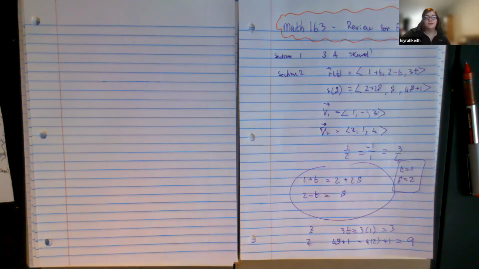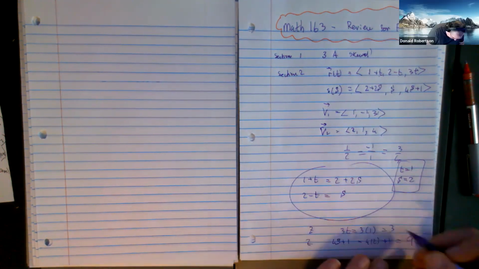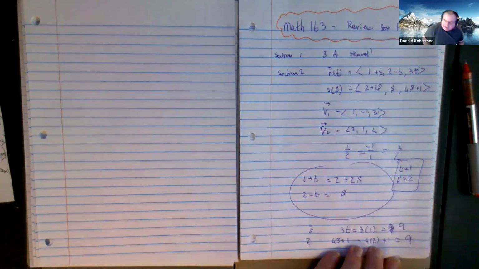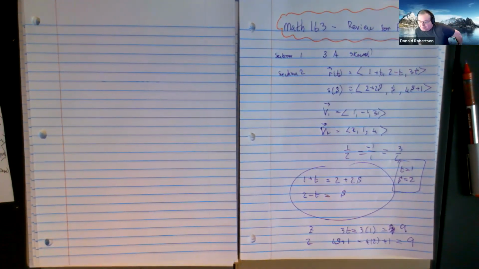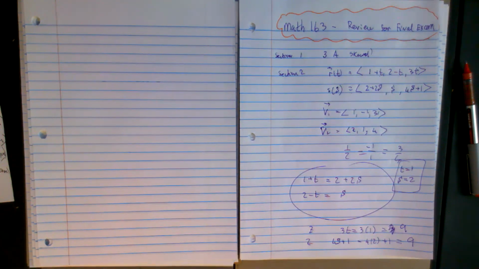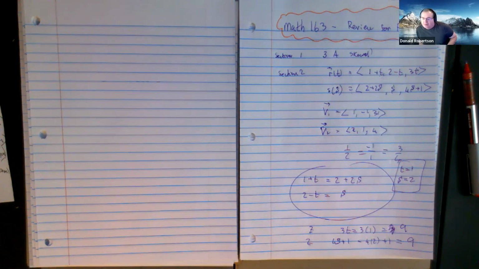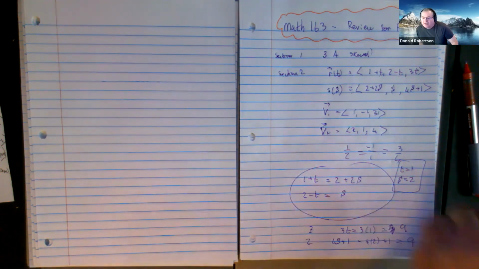They're skewed. And pretend again that they were both 9. What does that tell you? They intersect. In fact, not only do they intersect, can't you then tell me the coordinates of where they intersect by plugging t equals 1 in here and s equals 2 in here, and you get it.